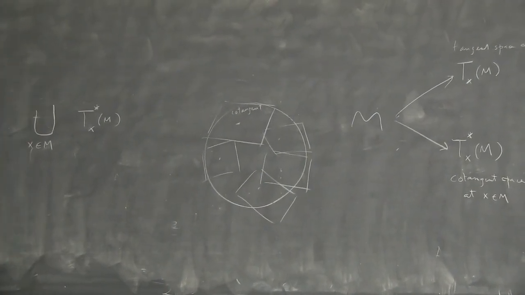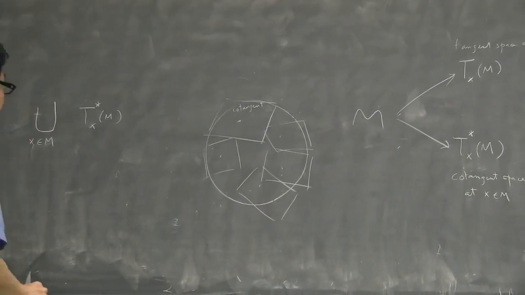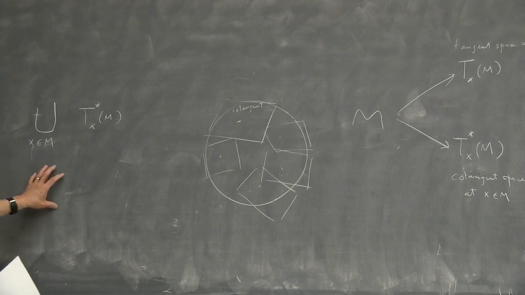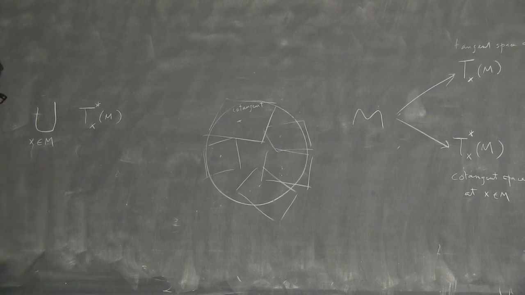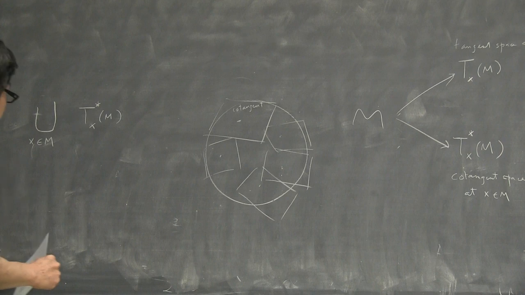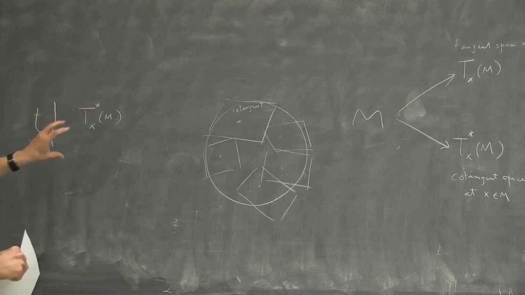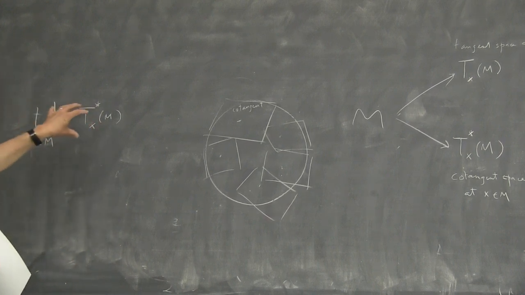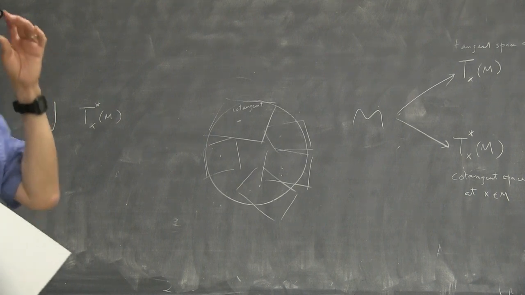Now, there's a lot more details to be filled in, but very loosely you can think of this as the cotangent bundle. So then you can think of this whole thing as a differentiable manifold in its own right.